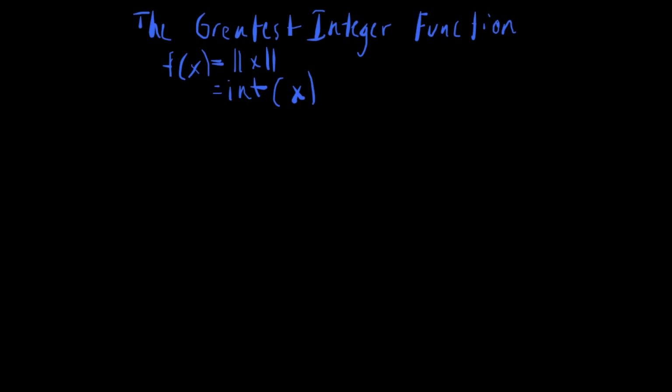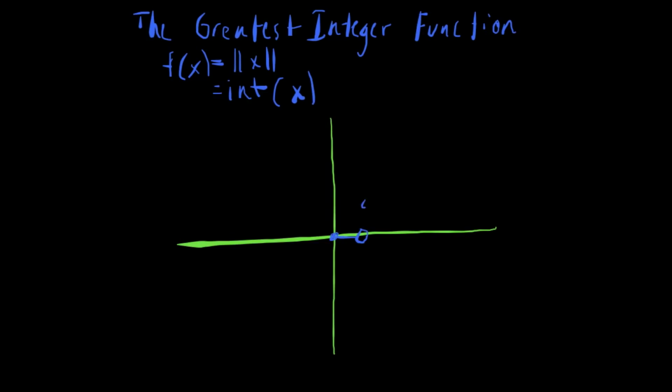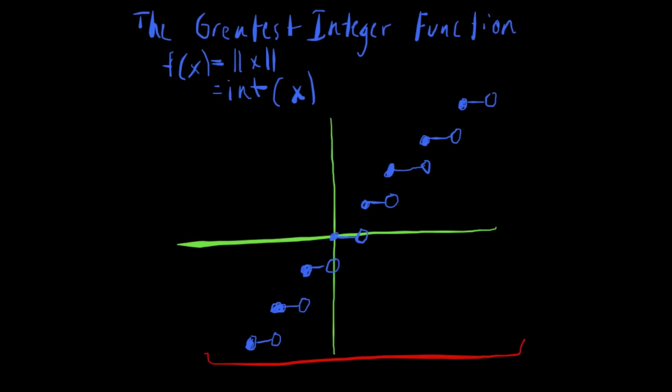The graph looks like this. The domain is all real numbers. The range is every integer.